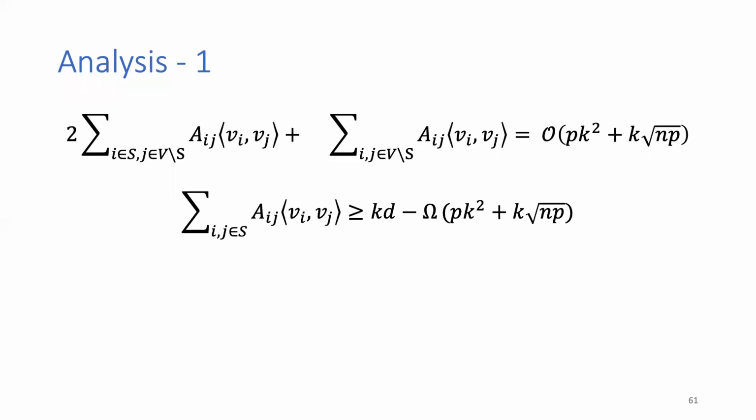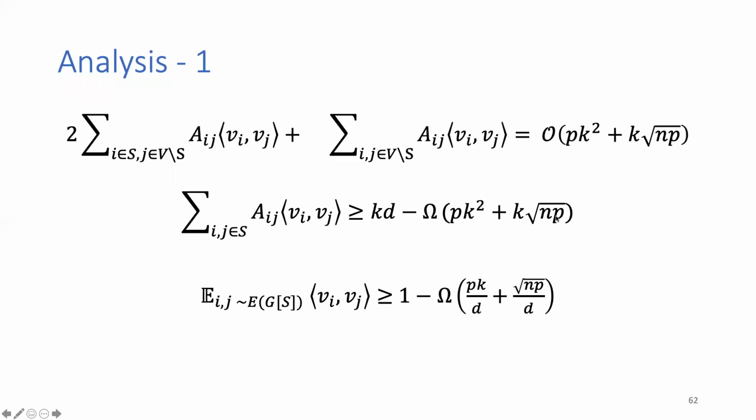So this essentially shows that the contribution just from S is large. That is, it is greater than or equal to kd minus omega of pk squared plus k square root np. Using this we can construct a special probability distribution, and under this distribution we show that the expected value of v_i dot v_j, where ij is sampled from an edge in S, is greater than 1 minus omega of pk by d plus square root np by d.